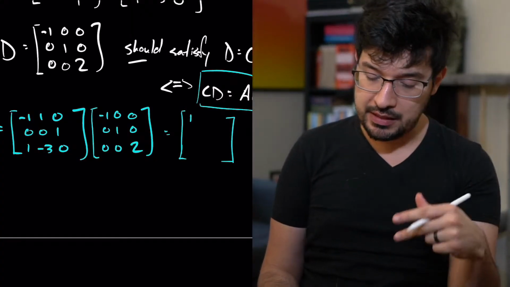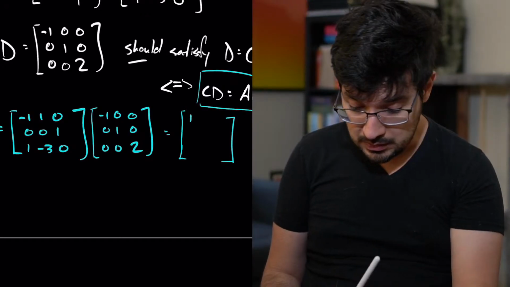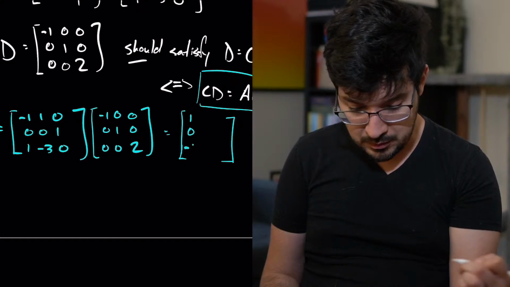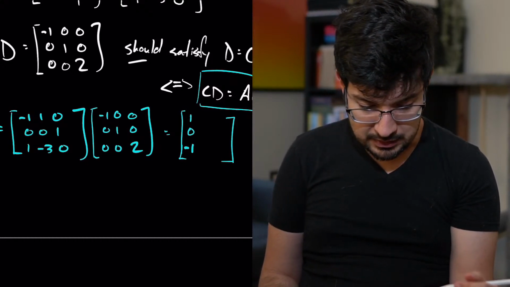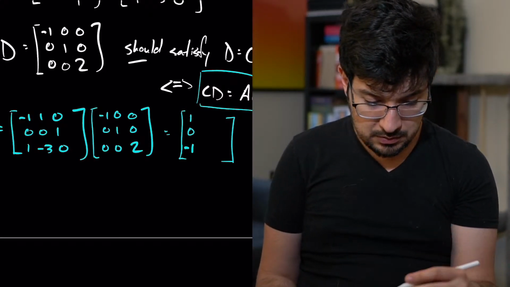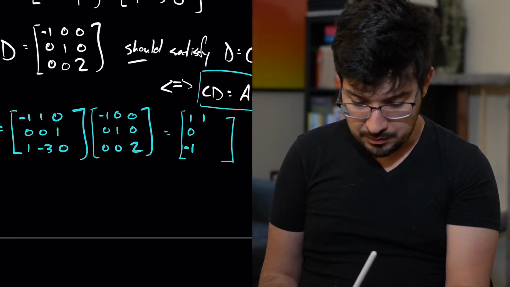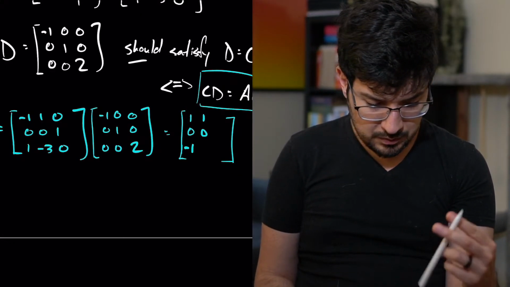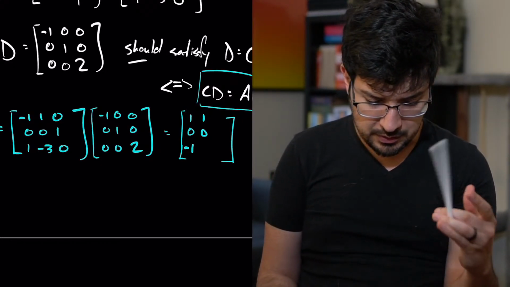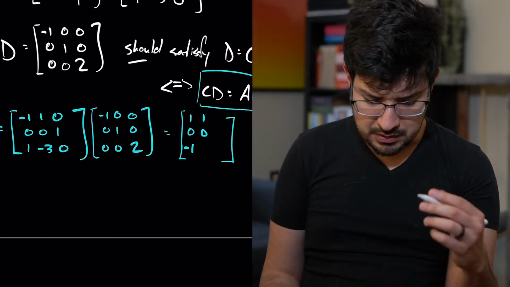So I'm going to calculate the first column first. 0 and then -1. I think that this is going to work. And then the first row dot product second column, second row dot product second column. It didn't work the way I thought it was going to work. No, it does.